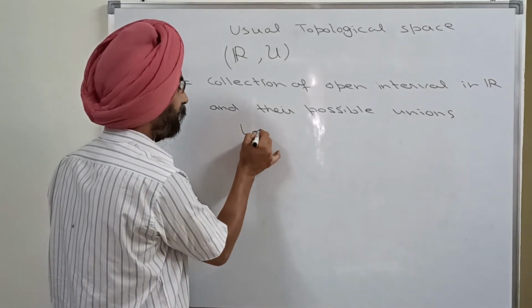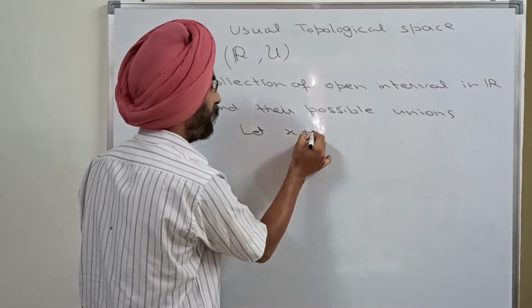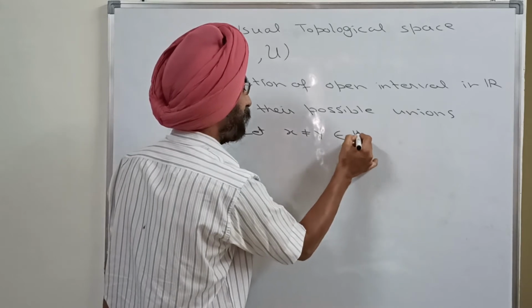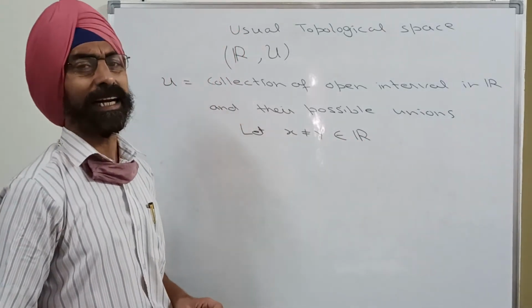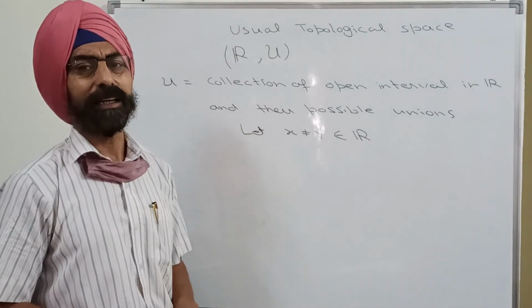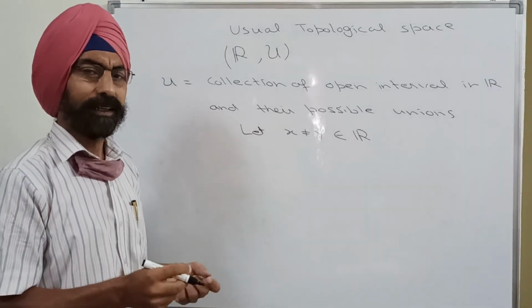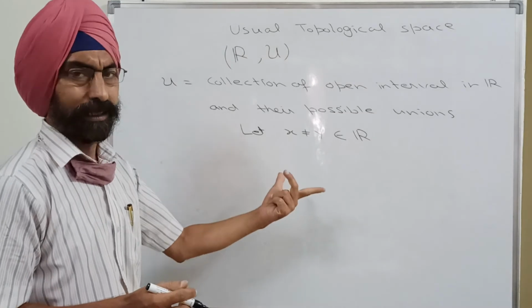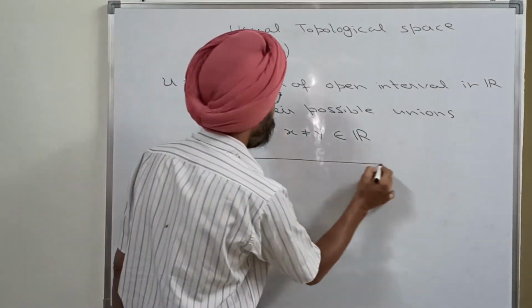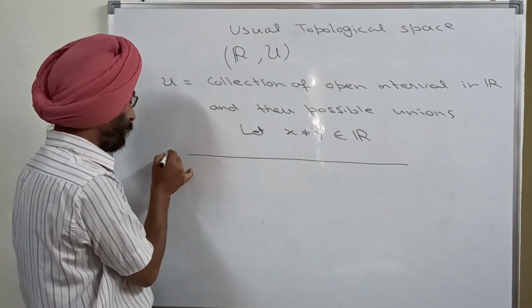Once again, let x and y be two distinct elements of R. That means x and y are two real numbers. So we can be clear to understand it diagrammatically. Now, diagrammatically, x and y, this is your real line.